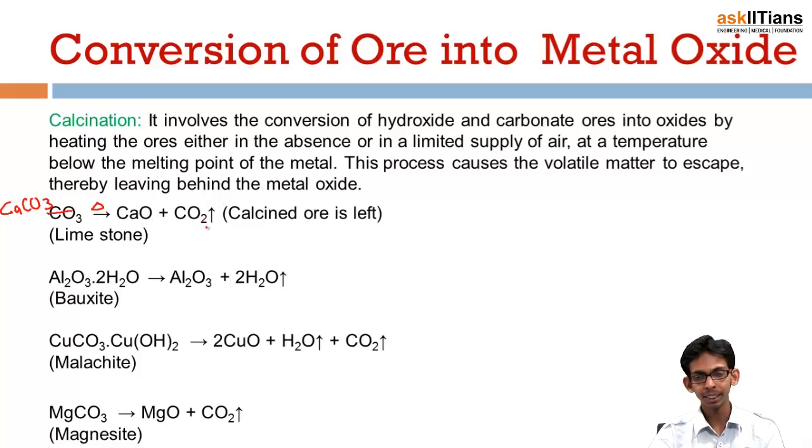So carbon dioxide escapes and we are left behind calcium oxide. So we have converted a carbonate ore into oxide ore. Similarly, bauxite is a hydroxide ore, so this can also be converted into oxide ore by heating. And the same applies to magnesium carbonate, copper carbonate, calcium carbonate.